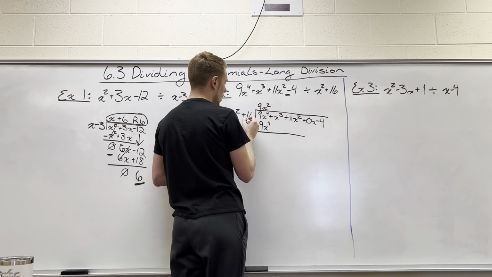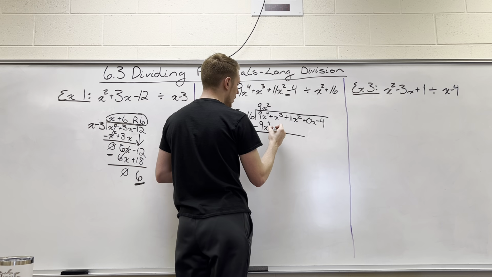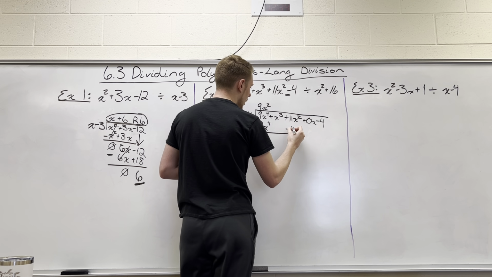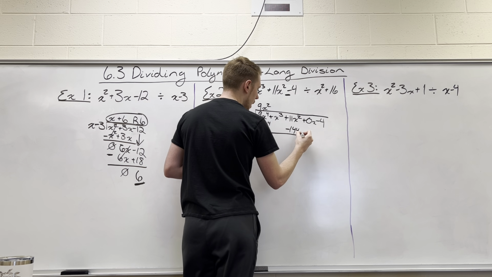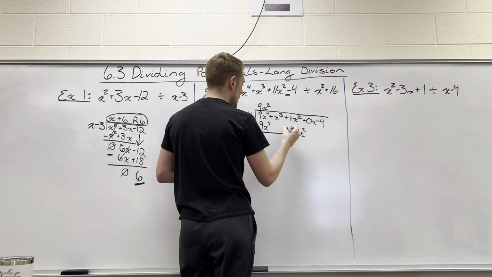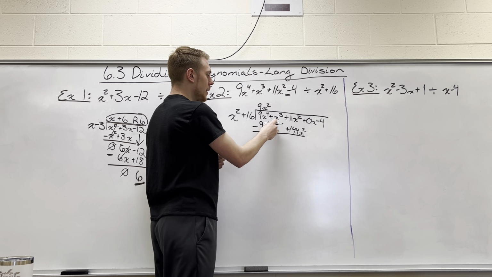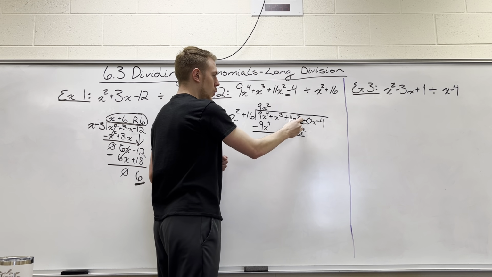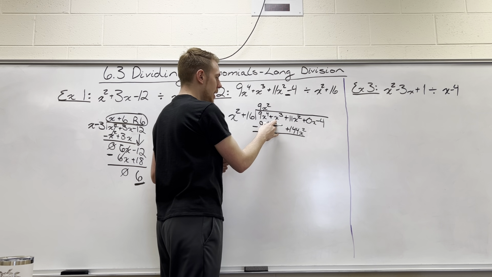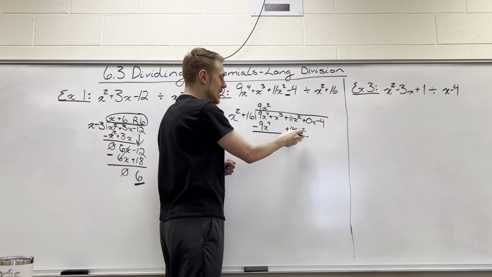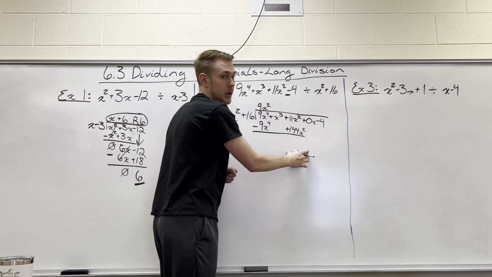So 9x squared times 16 is going to be positive 144x squared. What I did was I put it with the x squared because they line up. You can put it here, but you're not applying it to the x cubed, you're applying it to the square. So it's easier just to line it up where it should go.